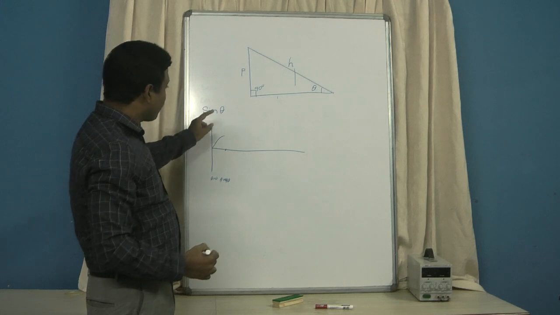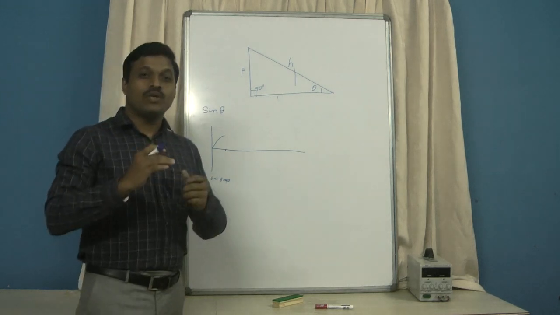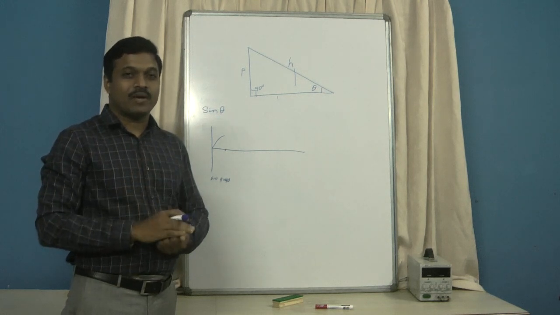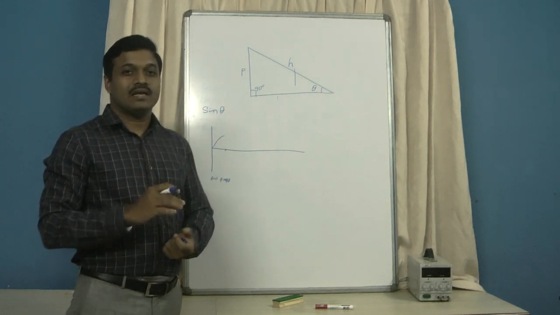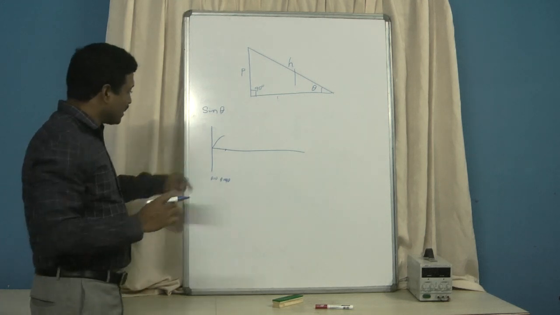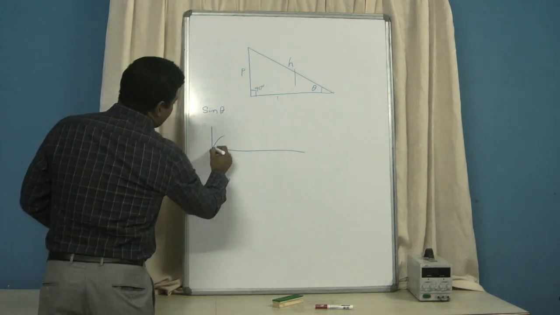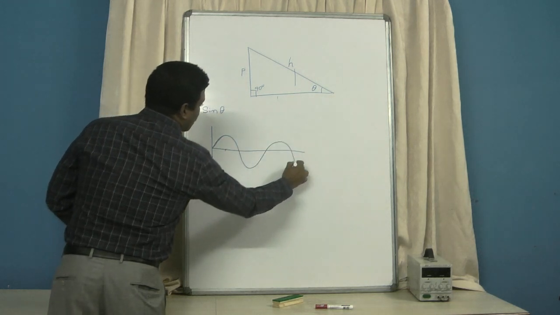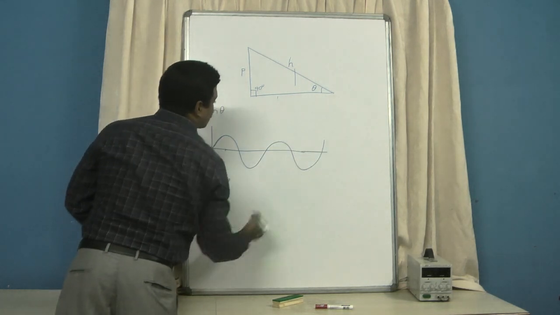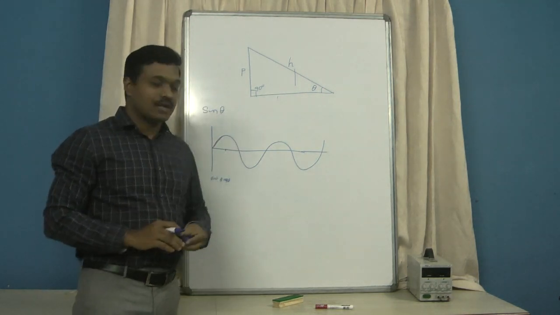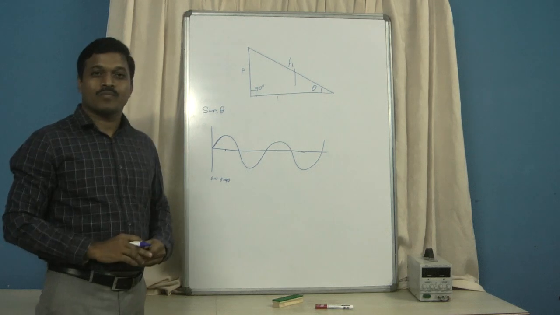But there are values for sine beyond 90 also, like 120, 135, 145, 180. So keep on going. If you consider those, the sine function will draw a picture like this, a wave. So this is called a sine wave. Our electricity is coming by this.